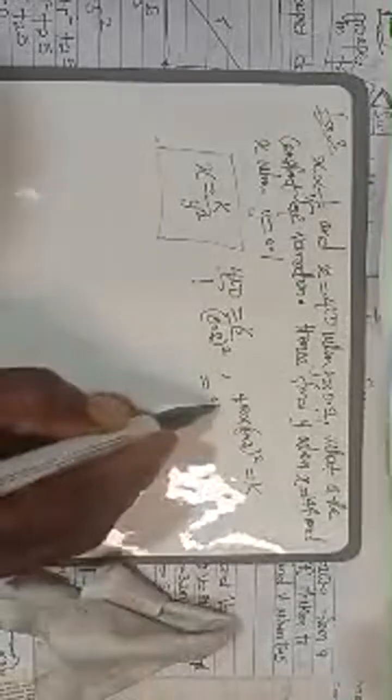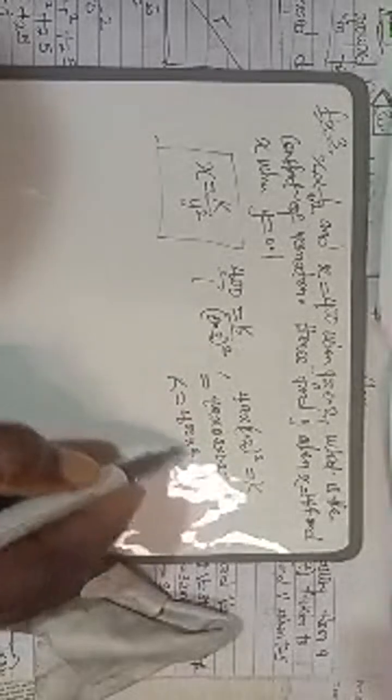Therefore, we cross multiply to have 400 multiplied by 0.2 squared is equal to k, which is 400 times 0.2 times 0.2. So k is equal to 400 times 2 over 10 times 2 over 10.